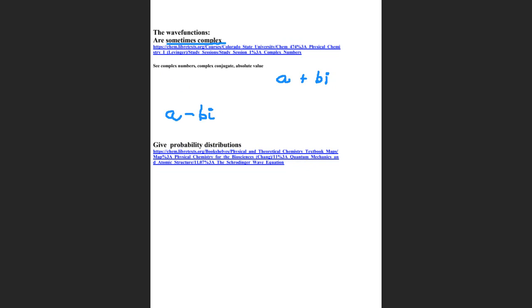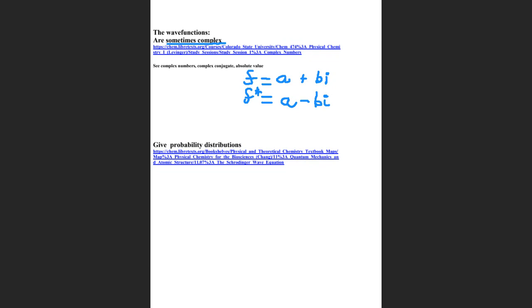If you have a complex function f, it can be written in the form a plus bi. Likewise, there is always a conjugate, which can be written a minus bi, and we'll call that f star. Star meaning complex conjugate in general.